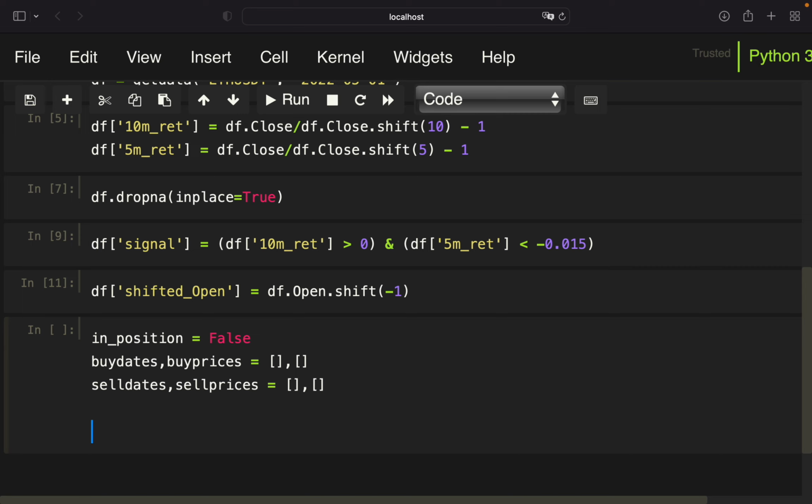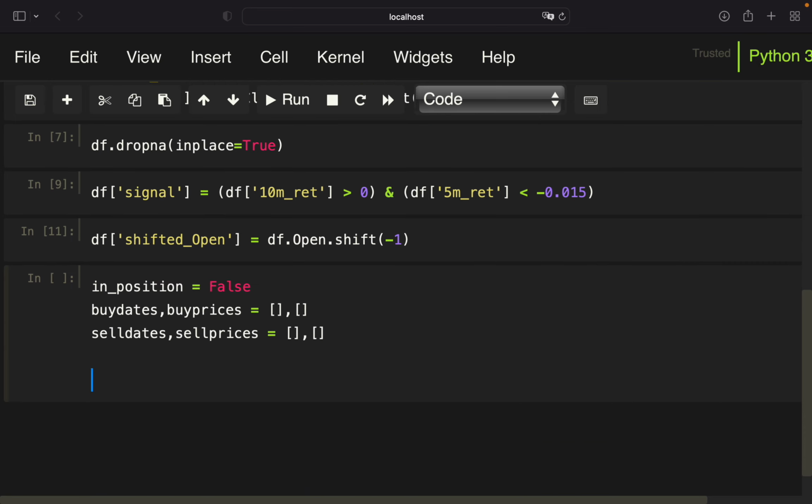And now let's populate those lists. I'm working with iterrows here, so read yourself in that, otherwise it will be quite hard to understand. So for index, row in df.iterrows, if I'm not in a position, so this is the buying case, I want to check my buying conditions.